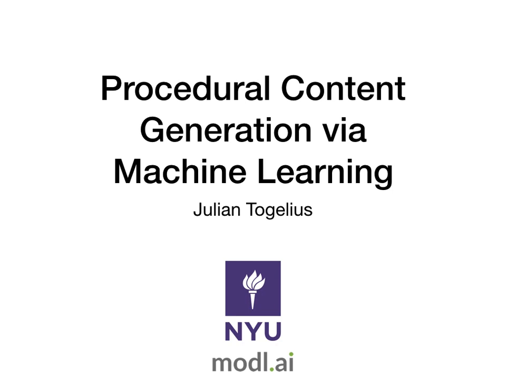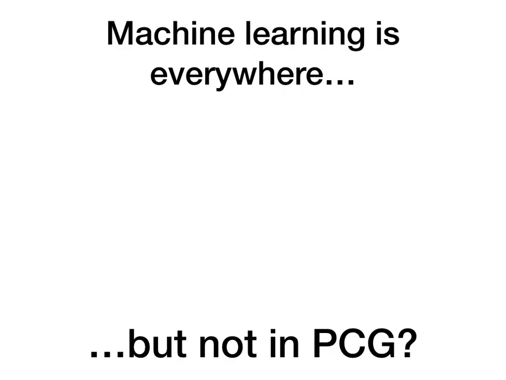The premise of this talk is that machine learning is everywhere, but not in procedural content generation. This slide was supposed to have nice images showing various applications of machine learning, and in particular, generative methods such as generative adversarial networks, which are widely used for generating images of people and airplanes and cars and everything, and also for generating audio, fingerprints, and a lot of different kinds of content you can train it on.